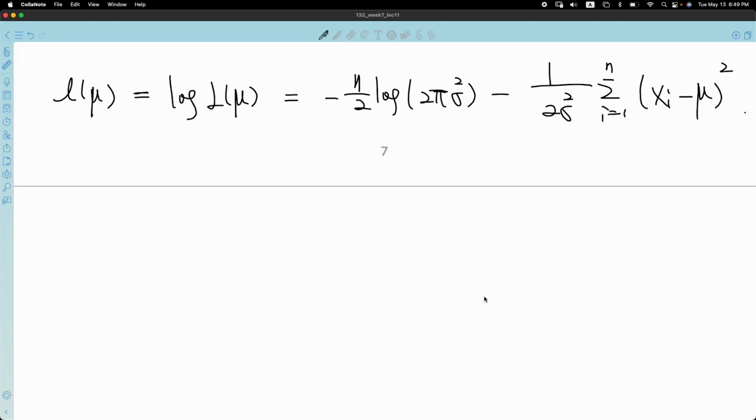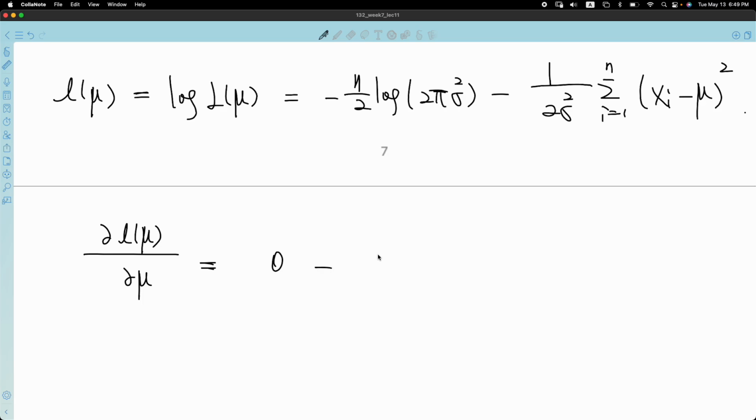Okay, so maybe I'll just finish these examples for the mu. To calculate the MLE, you take the derivative of the lowercase l, the log of the joint likelihood, with respect to the parameter of interest. Taking the derivative with respect to mu, the first term is 0 because it does not involve mu at all.